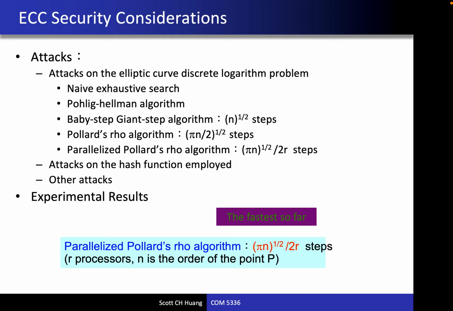That is the reason why we can use a much smaller number of bits to represent those elliptic curves, which makes it possible to run on portable devices like cell phones, or even other embedded systems.